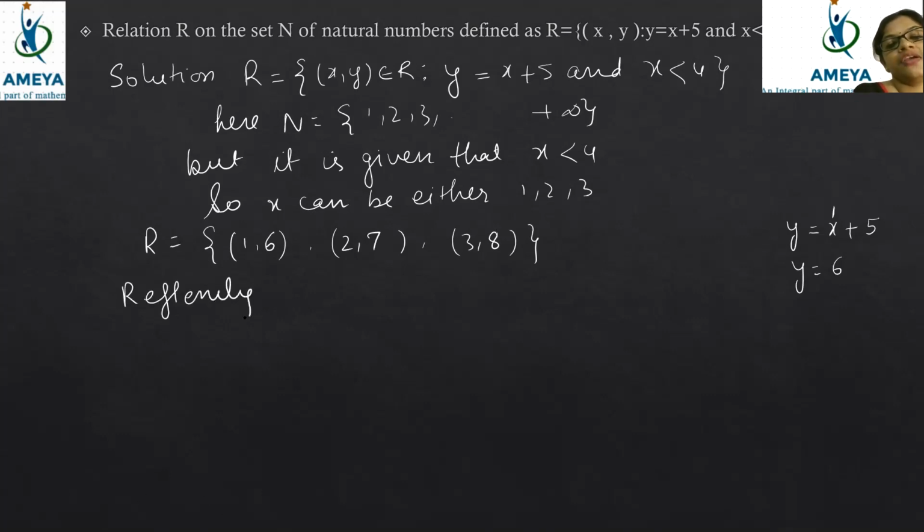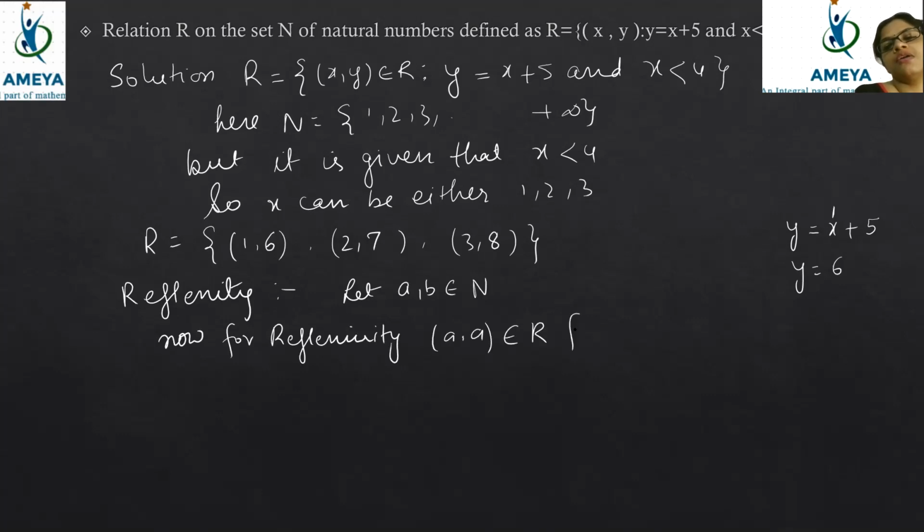So, reflexivity. For reflexivity, let a, b belong to the set of natural numbers. For reflexivity, (a, a) must belong to R for a belonging to the set of natural numbers.